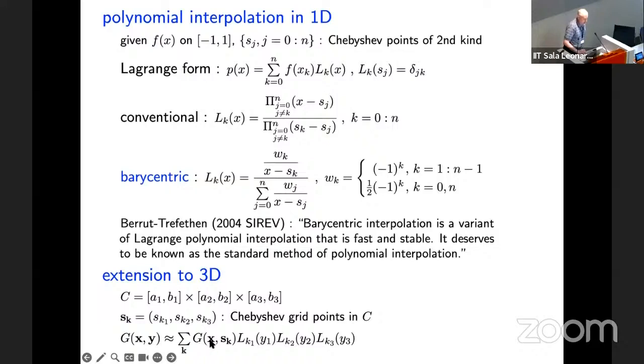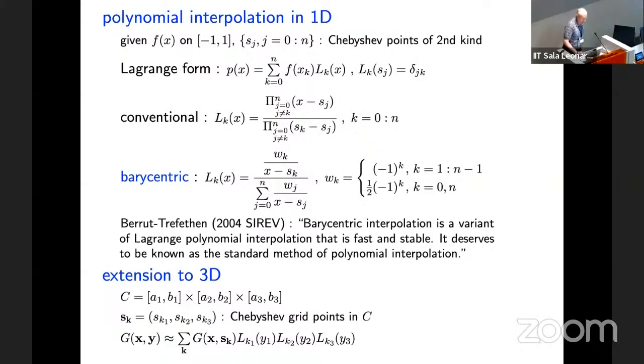This is an example where we keep the target fixed, but we interpolate with respect to the source variable. And using the Lagrange form of the interpolating polynomials that you see over here, I'm going to make a long story short, and just tell you that the important thing is this.